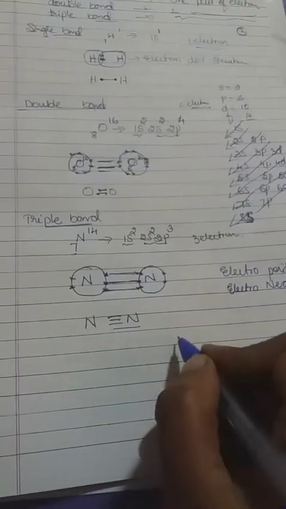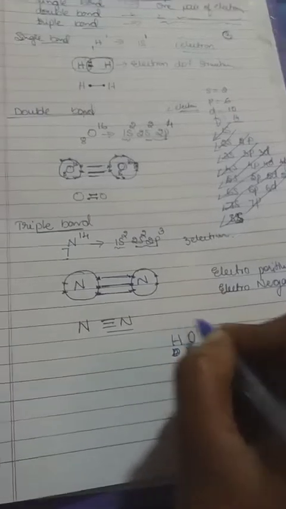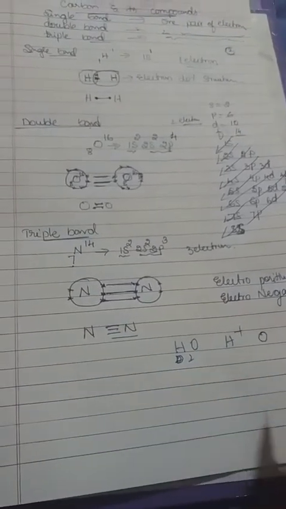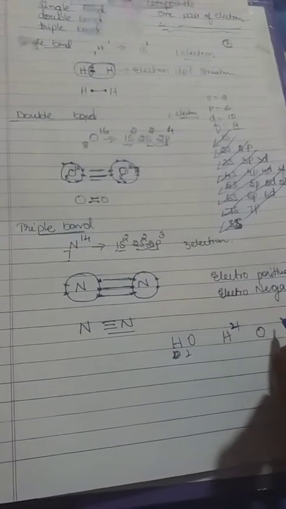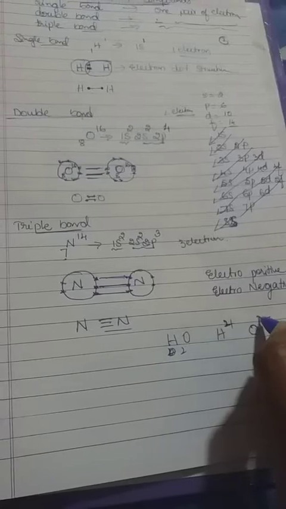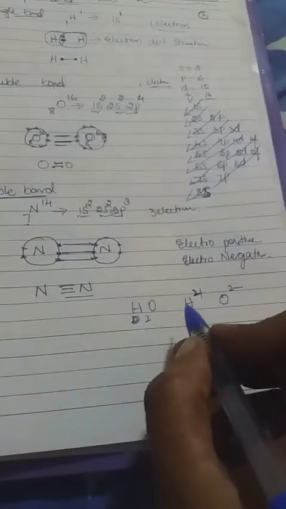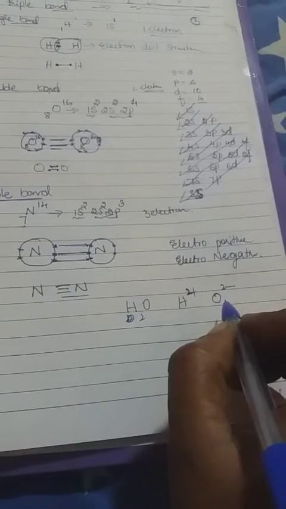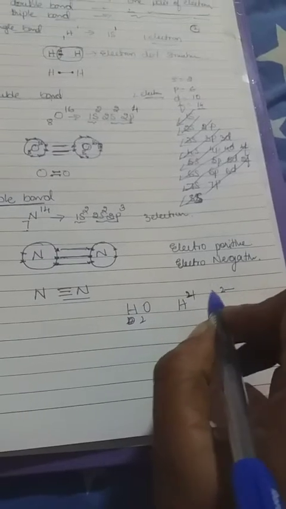Sometimes in the examination they will ask you, in the formation of H2O, hydrogen is called electropositive and oxygen is called electronegative. Hydrogen donates 2 electrons and oxygen receives 2 electrons. So hydrogen donates the 2 electrons to the oxygen and forms a bond. I think you know about that.